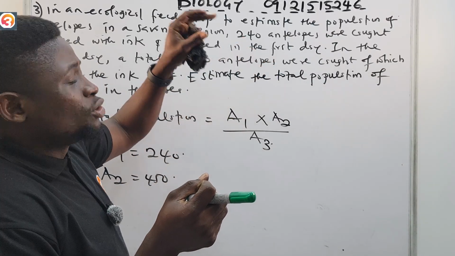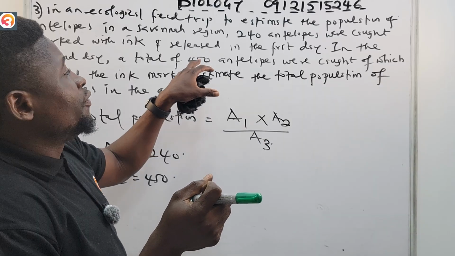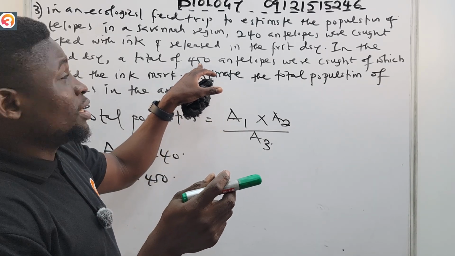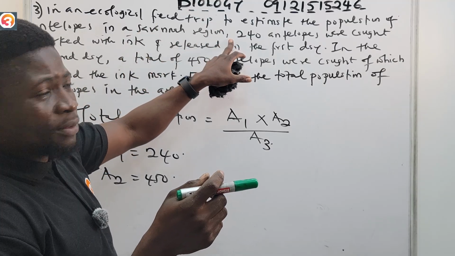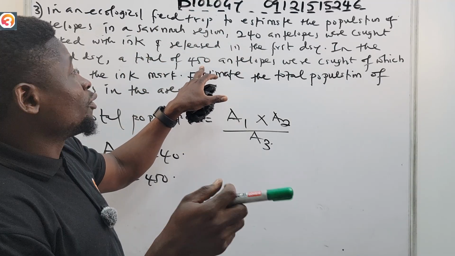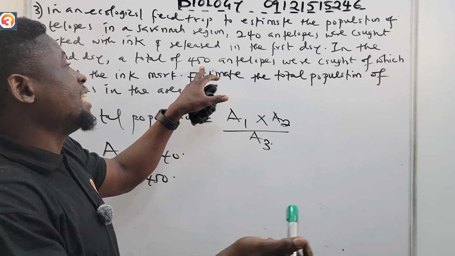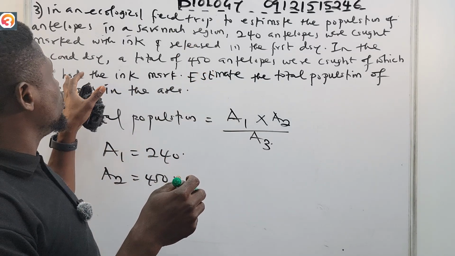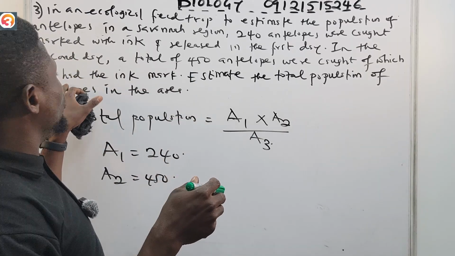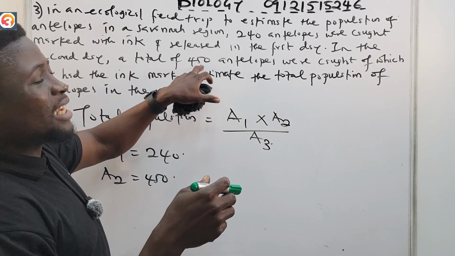No, it is the number of the ink-marked ones that were seen, already marked from the first one. So 240 were ink marked. The second day, you caught 450, but inside this 450, 100 were ink marked.